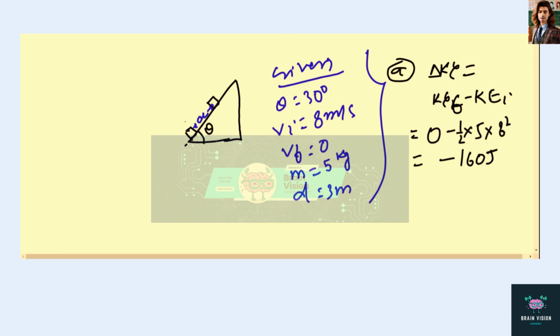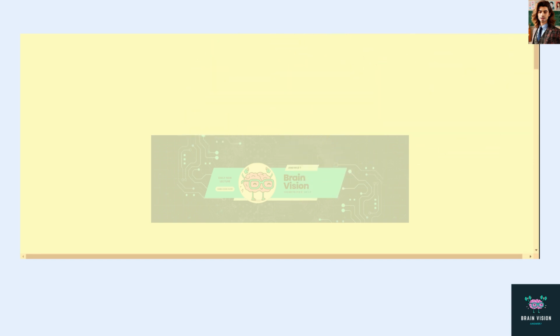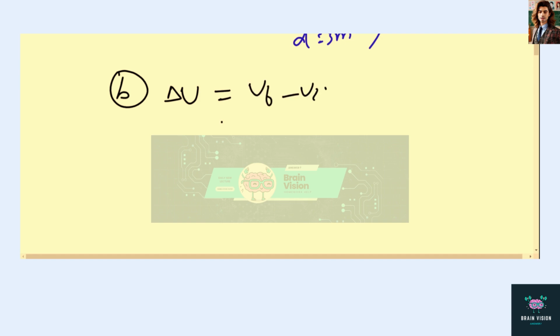For the next part, we have to calculate the change in potential energy, which is nothing but mg times the change in height. For part B we use delta U, which is U final minus U initial, basically mgh. m is 5, g is 9.8, and h, the vertical height, is the distance moved times sine theta.